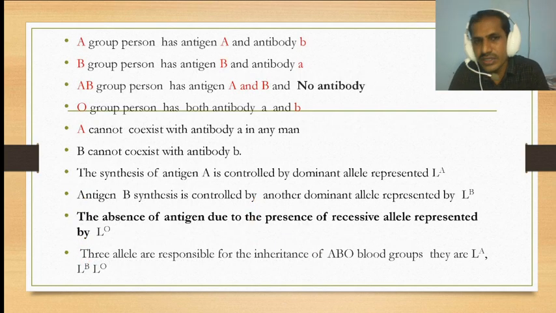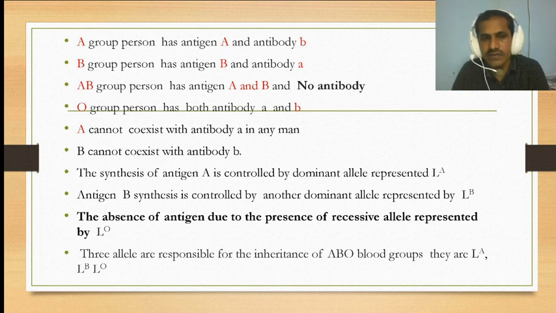A group person has antigen A and antibody B. B group person has antigen B and antibody A. AB group person has antigens A and B but no antibody. O group person has no antigen but has both antibody A and B. Antigen A cannot coexist with antibody A, and B cannot coexist with antibody B.